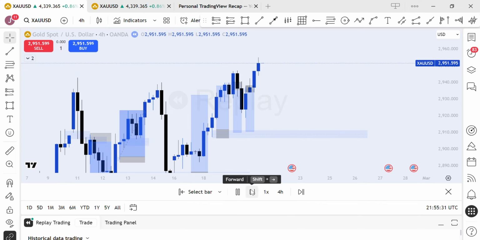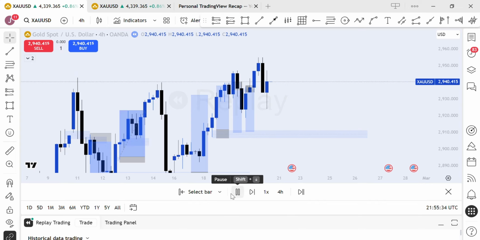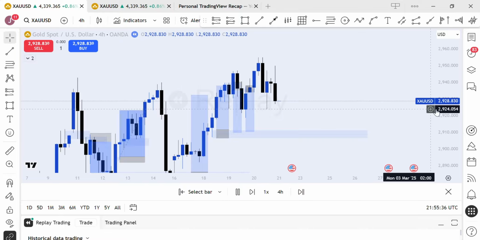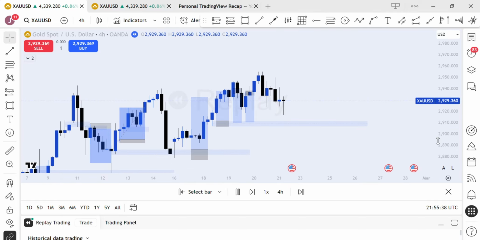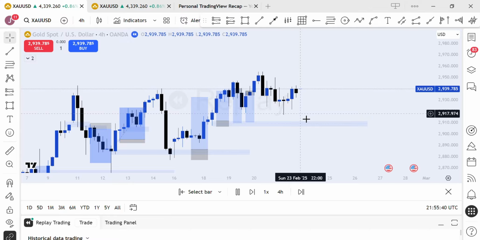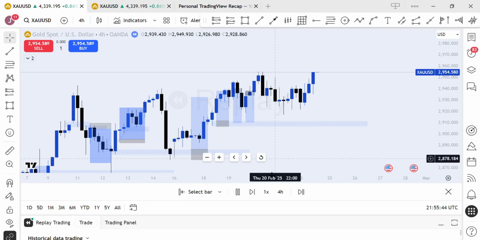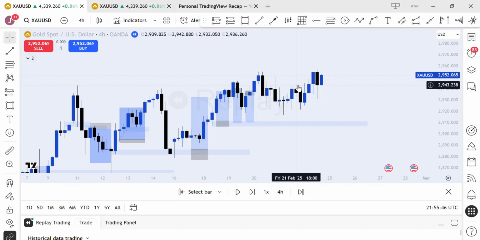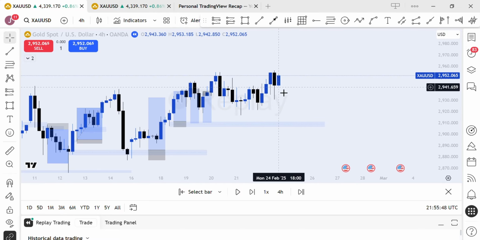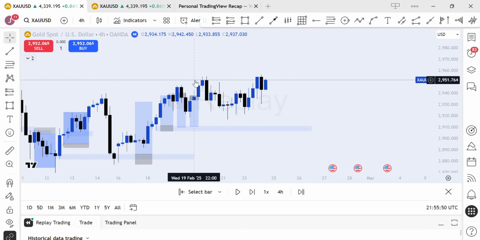We are still pushing up. Well, price finally came and tapped our level. Let's see. So we are still pushing up. We are kind of in a tight consolidation right here. So let's see what price does.